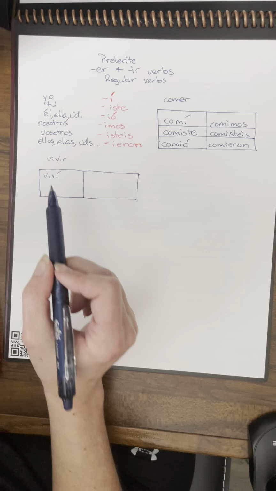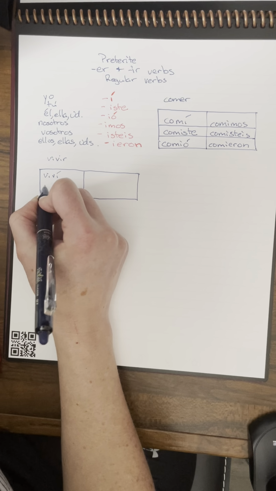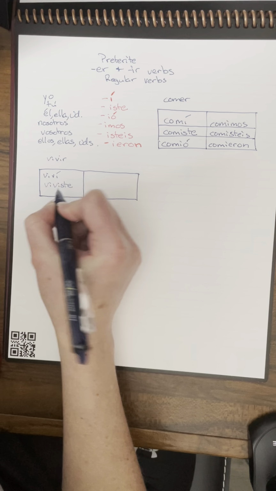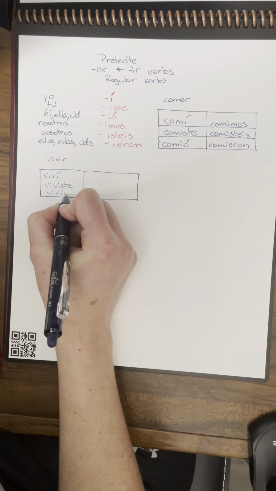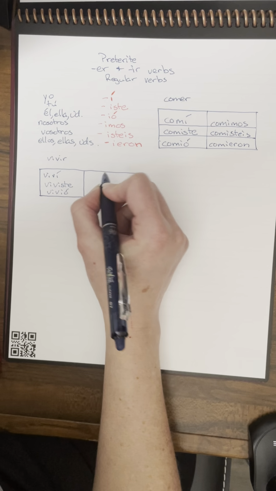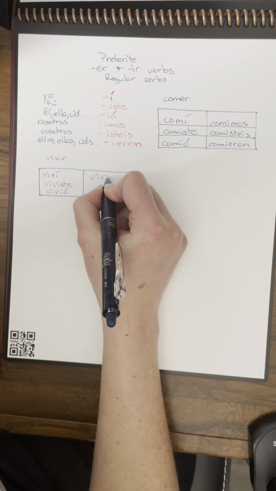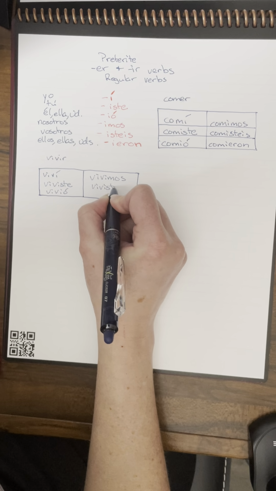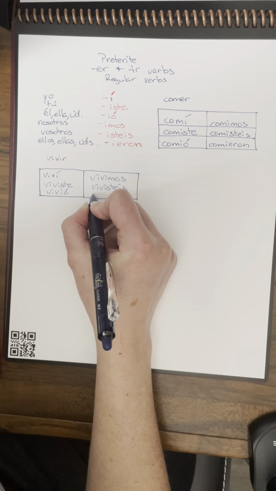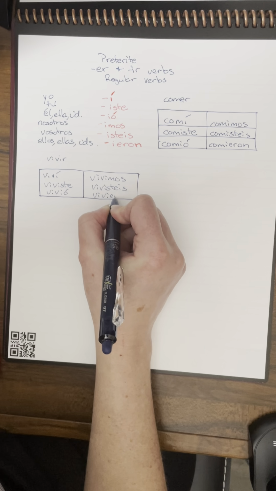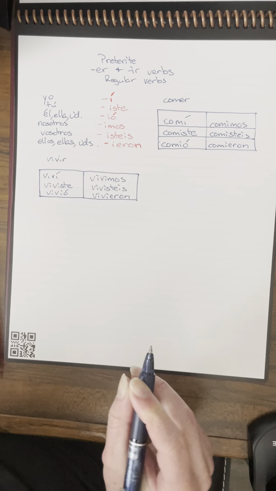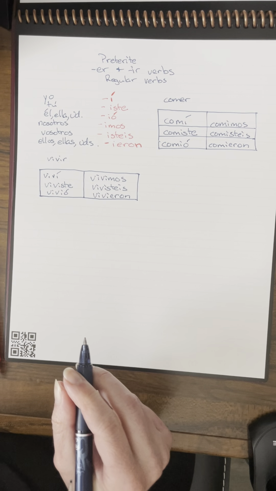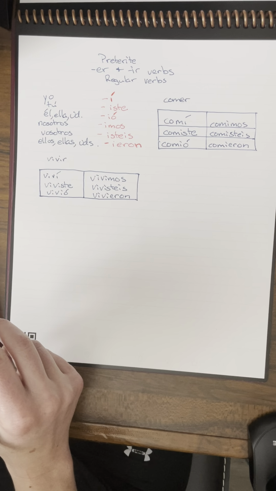Just concentrate mostly on making it sound like a b. Okay, so viví, viviste, vivió, accent. Nosotros vivimos, vosotros vivisteis, and ellos, ustedes vivieron. So there you go. Those are your regular ER verbs and your regular IR verbs.